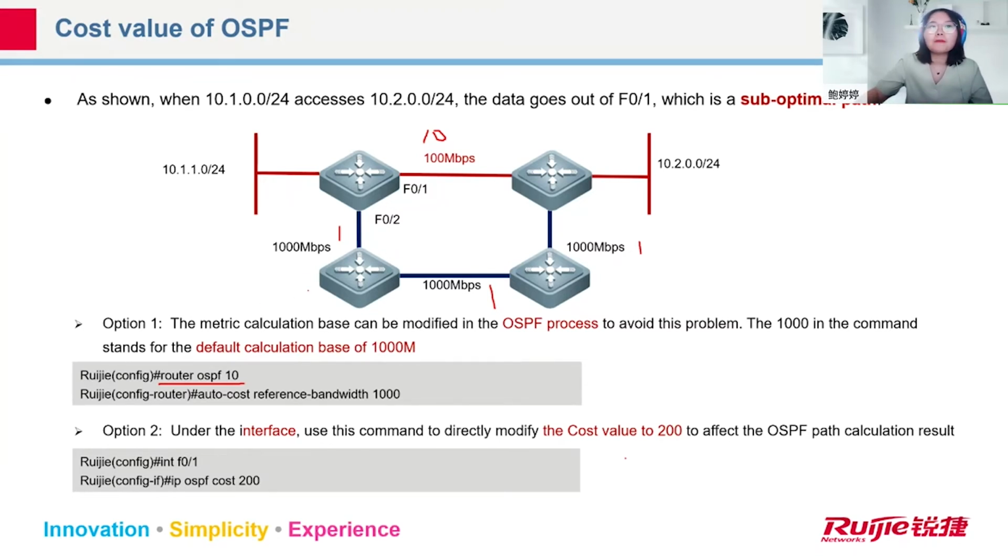So the result will become 100 divided by 1000, the result will become 0.1, but this interface we use the command to become 200. So we also will select the blue one. Okay, we have different influences on the OSPF. Pay attention to this part. Change the cost value.